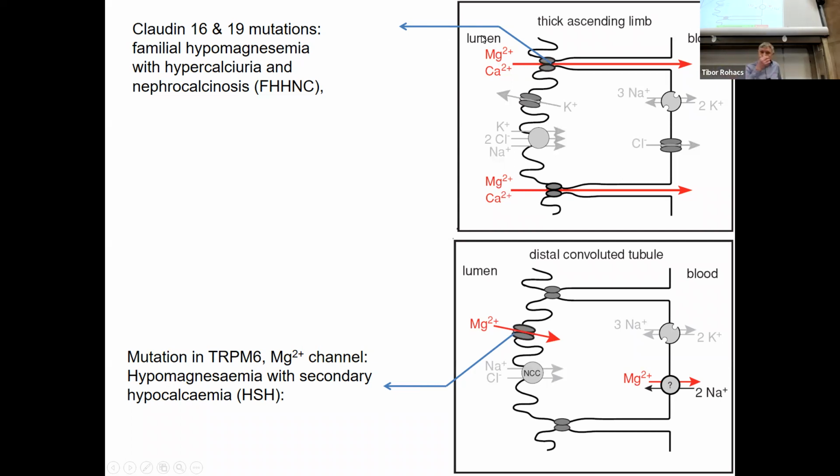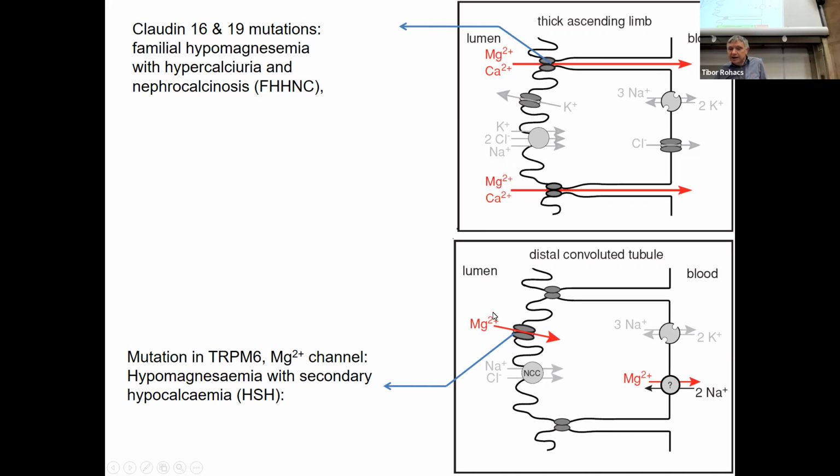Calcium in the urine can cause kidney stones, and of course you get hypomagnesemia and to some extent probably also hypocalcemia, even though calcium is probably more tightly regulated than magnesium. So I think the primary symptom is hypomagnesemia. And on the bottom slide, you have an additional mechanism: in the distal convoluted tubules, you also have a magnesium-permeable channel called TRPM6.